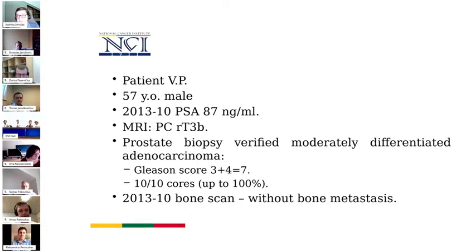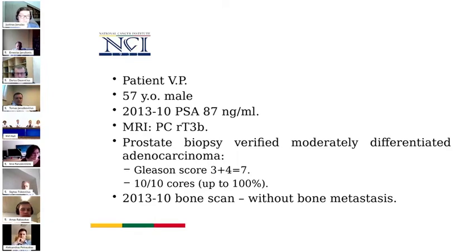A 57-year-old patient was diagnosed with increased PSA, which was up to 87 nanograms per milliliter at the time of diagnosis. A pelvic MRI was performed. According to MRI images, there was visible T3b stage prostate cancer. A biopsy was also performed, and the patient had prostate adenocarcinoma with Gleason score 3+4.